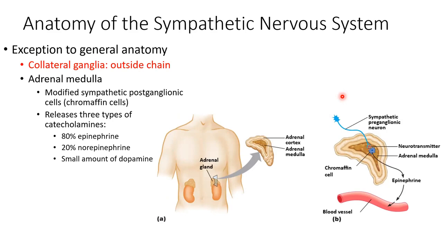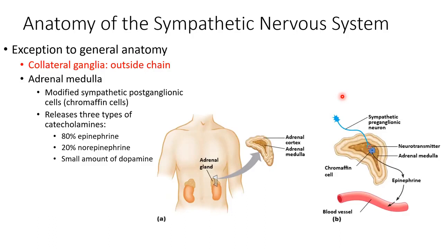And so we can think of these as really being neurotransmitters, just the way a postganglionic neuron would release neurotransmitter. But because these are cells, and because it's actually being released into the blood, these are considered hormones when they are circulated in the blood, and a neurotransmitter if it's released at a synapse, okay?